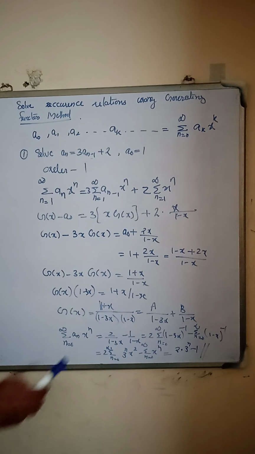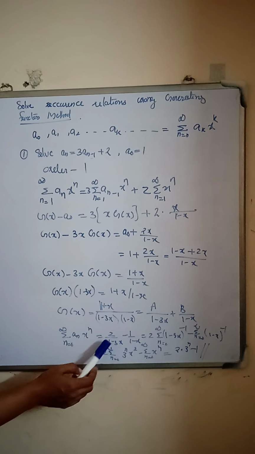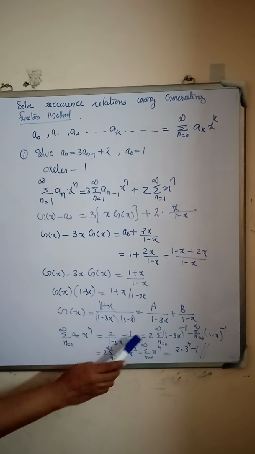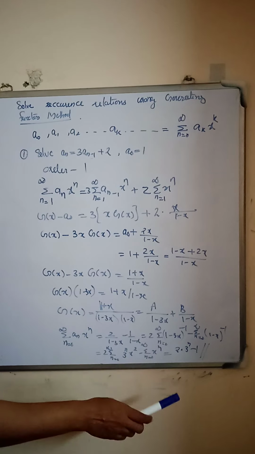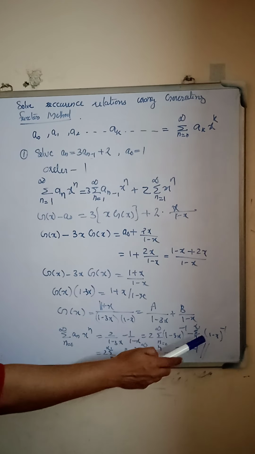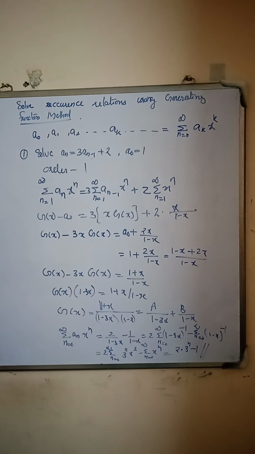That is equal to 2 into sigma n is equal to 0 to infinity 1 minus 3x raised to minus 1. 1 by 1 minus 3x is 1 minus 3x raised to minus 1. And here it is minus sigma n is equal to 0 to infinity 1 minus x all inverse.